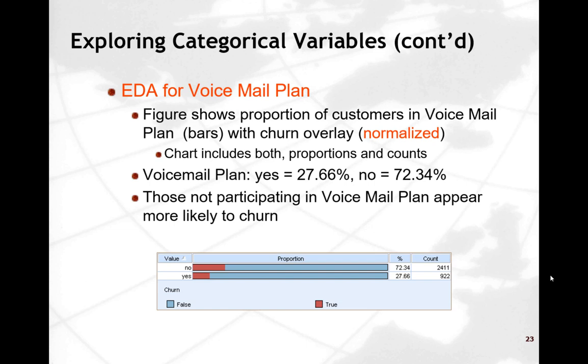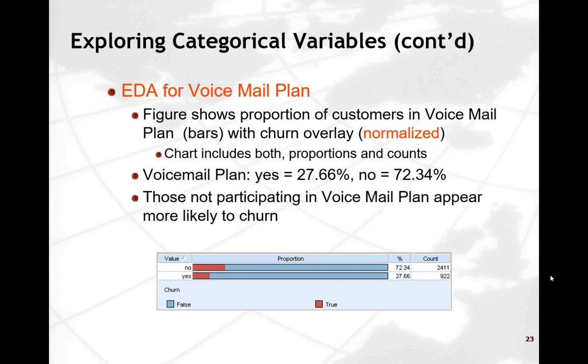So that means that if you switch from having the voicemail plan to not having the voicemail plan, the percentage churn increased. That means not having the voicemail plan is correlated with a higher percentage of churn, right?